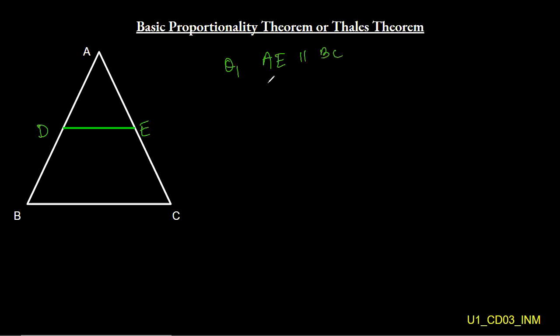This is given. And what else is given? It is given that AE equals 2 cm, EC equals 10 cm, and AD equals 3 cm. You have to find DB.